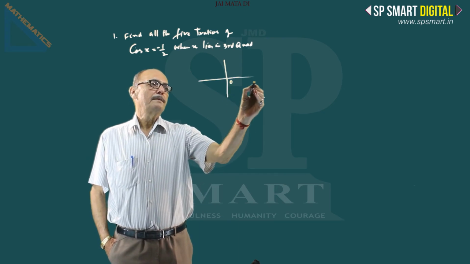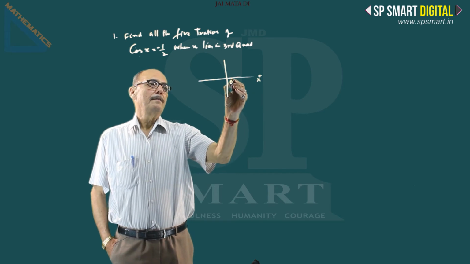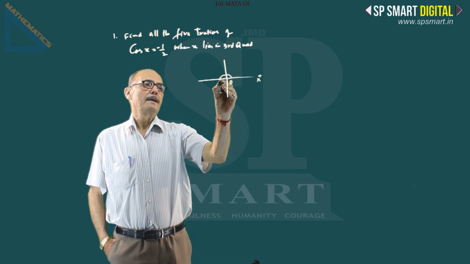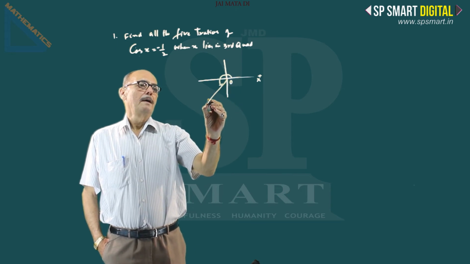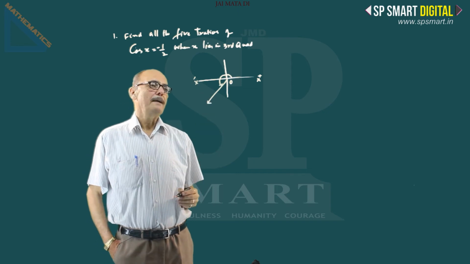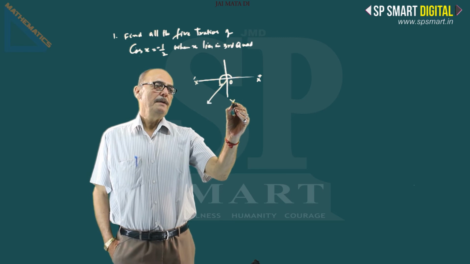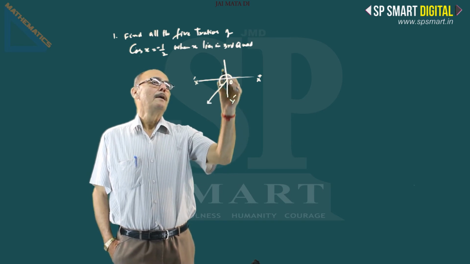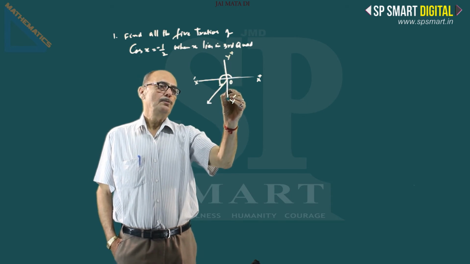Starting from O plus x, we have angle which lies in the third quadrant. The magnitude of the angle in the third quadrant will be between 180 degree and 270 degree.